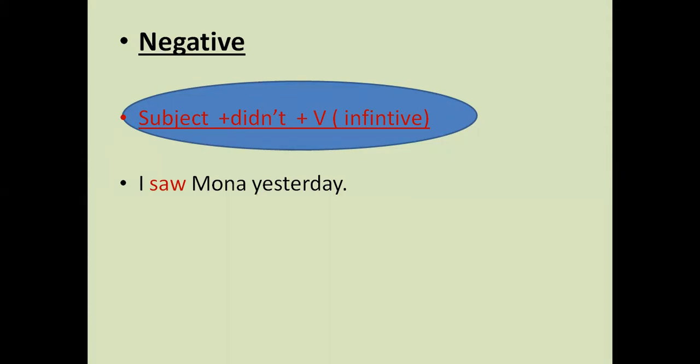So look at the next sentence. I didn't see Mona yesterday. So we put didn't plus the verb in infinitive. So we change saw, which is the past form of see, into see. When we put didn't, we change saw into infinitive. So we say I didn't see Mona yesterday.